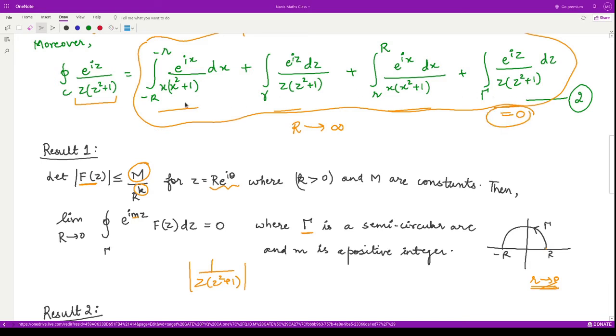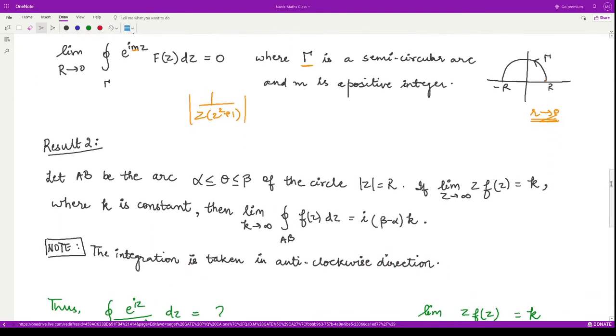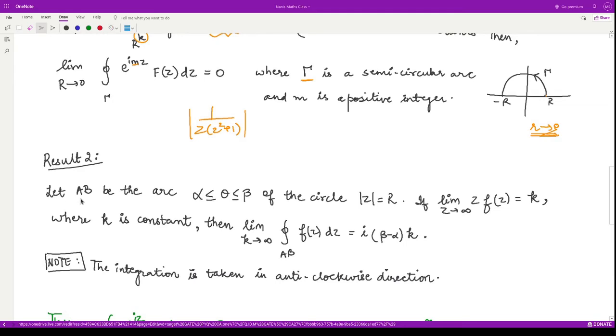So now talking about this second term, we have another result. They say if AB be any arc whose angle is between alpha and beta of the circle mod z is equal to r, then in that case, if this limit is equal to k, the integral evaluated along that particular curve comes out to be iota into beta minus alpha into k, where the integration is being performed in anti-clockwise direction.